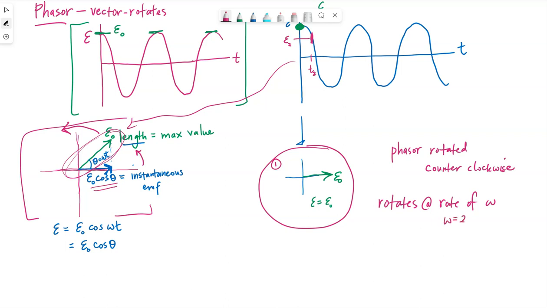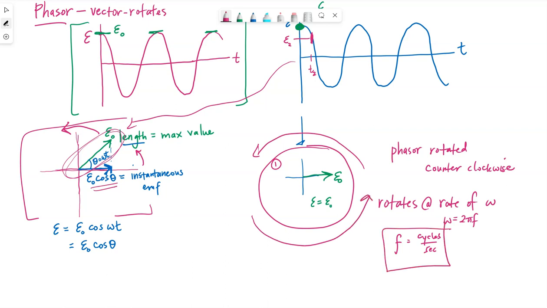We know omega is 2 pi f. So if we think of frequency as cycles per second, this phasor is going to go all the way around in however many cycles or circles per second.